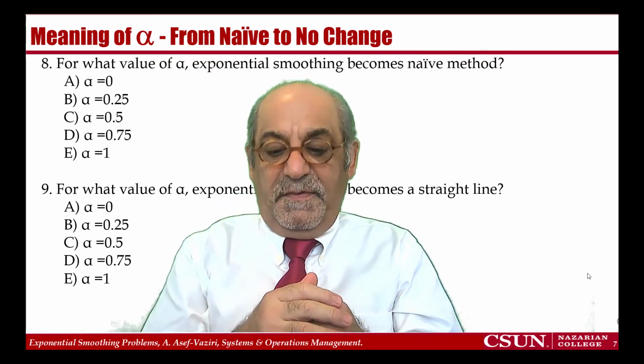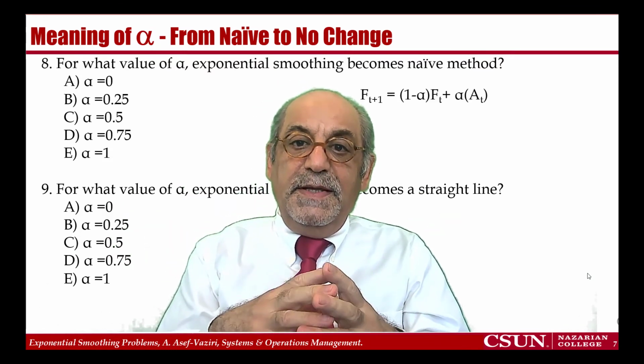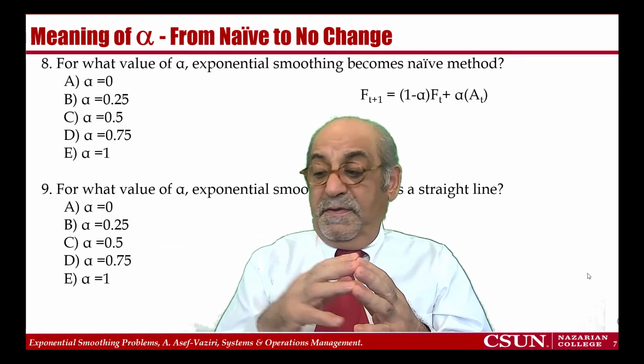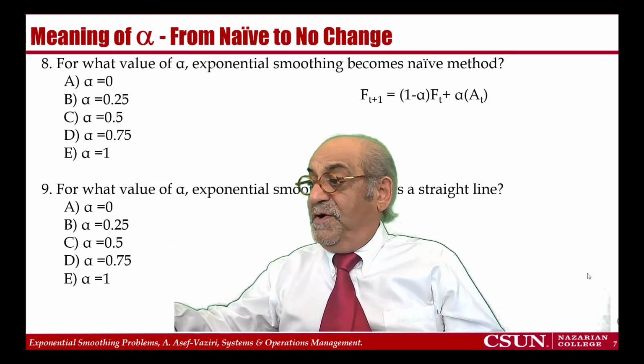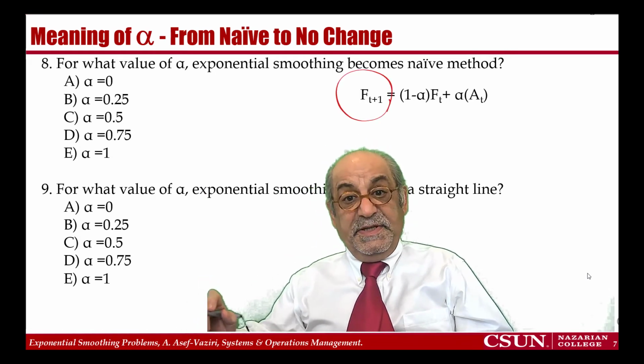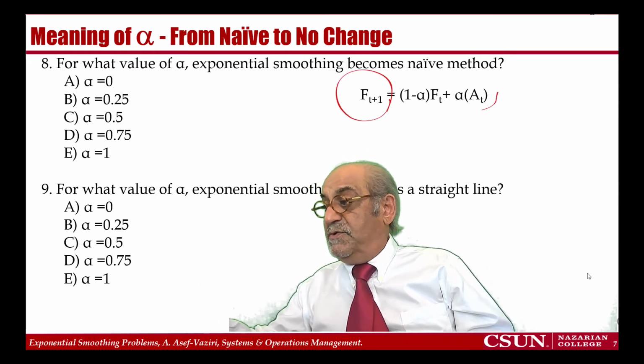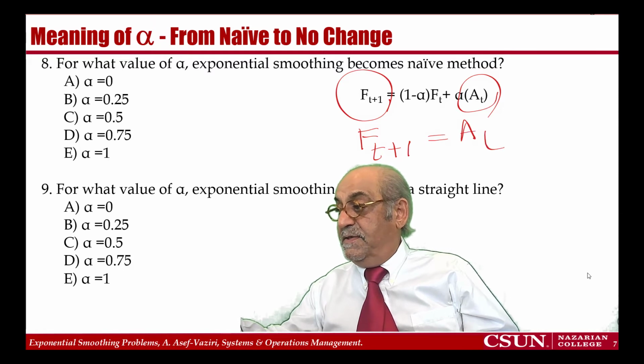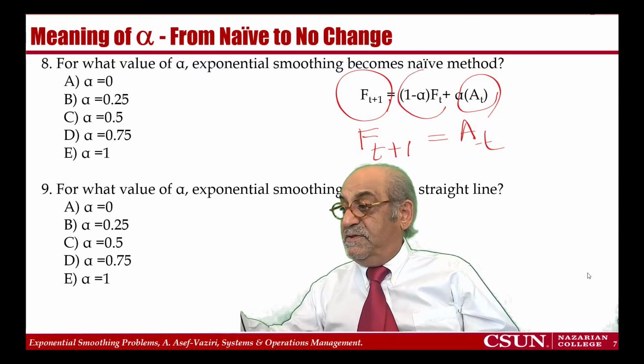Under what alpha? This is our exponential smoothing formula for the forecast for the next period to be equal to the actual of this period. That means F(t+1) should be equal to A(t). And this one should be 0.